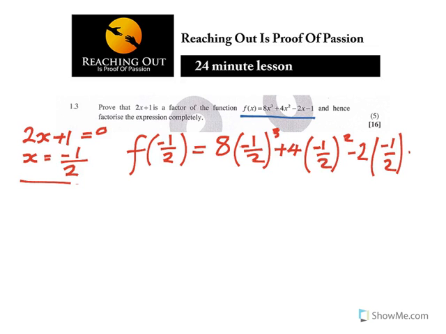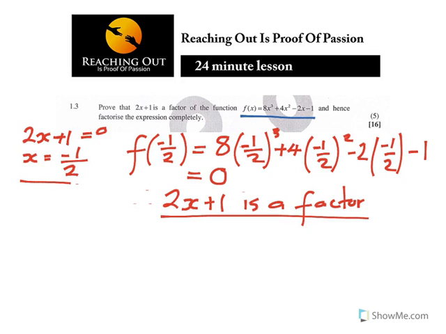Wherever there is an x, we are putting that value and you are getting a 0. Therefore, because of that, 2x plus 1 is a factor. The fact that you got a 0 means 2x plus 1 is a factor. So that is the first mark that you're going to be given for that.